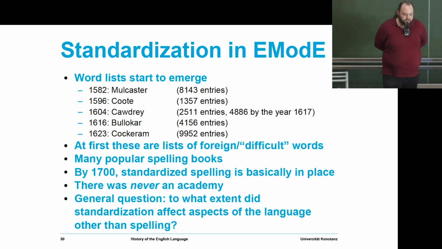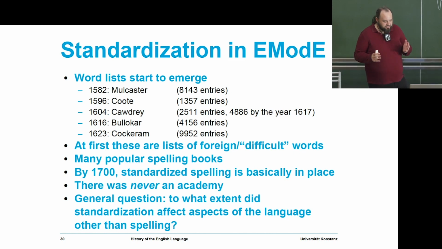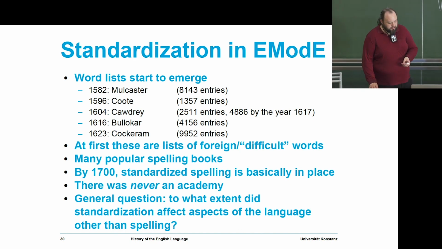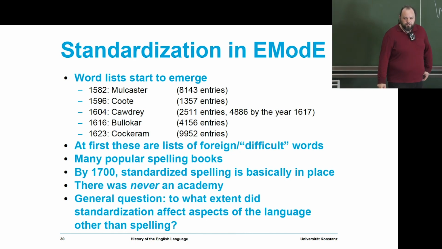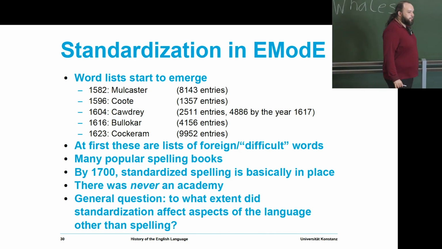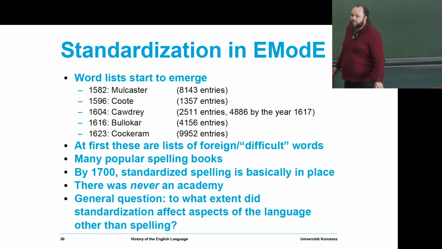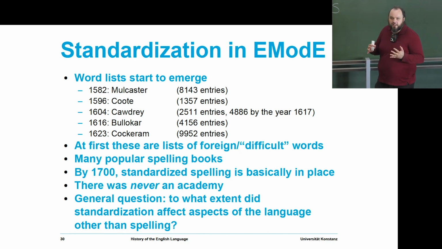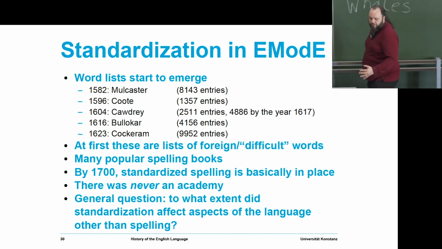So during the early modern English period, we start to get word lists. We have several. These are basically mini dictionaries. We don't get serious dictionaries during this period. That comes later, and we'll talk about it next time. At first, these are just lists of difficult words, lists of words that people will find hard to pronounce. One interesting question here is, other countries, France developed an academy, the Académie Française, Italy developed an academy, Spain developed an academy, Germany even to some extent never quite got a full-on academy but had language societies during the relevant period to police its usage.